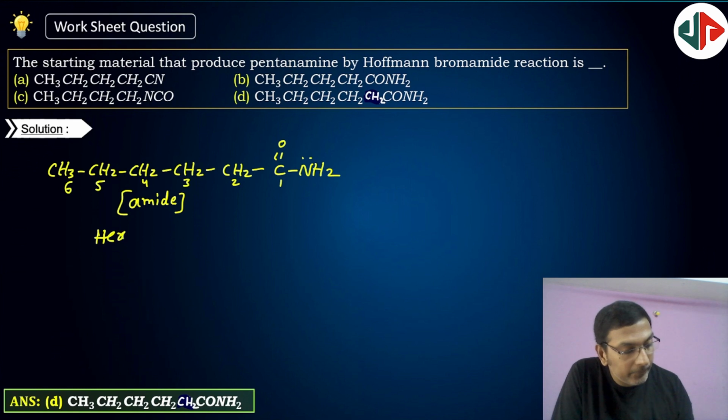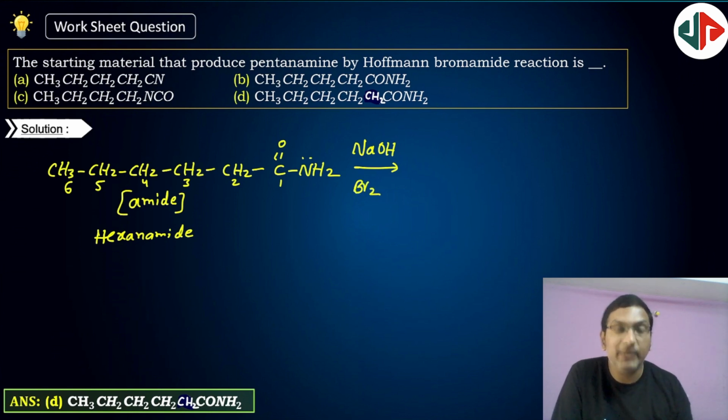Hexanamide. Hexanamide, which one reacts with NaOH and Br2. That means Br2 in the presence of alkali.